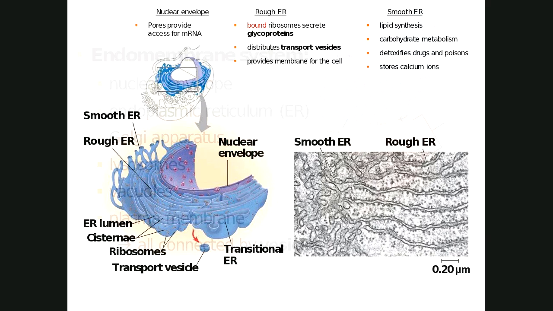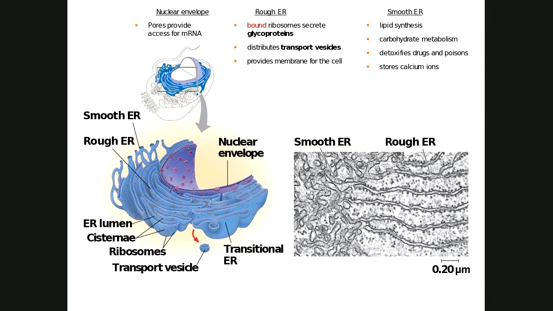So the ER that we talked about earlier, right? The rough ER has the bound ribosomes, and they secrete these things that we call glycoproteins. Glyco means sugar, like glycogen. So the bound ribosomes secrete these things called glycoproteins. It distributes the transport vesicles, and it provides membrane for the cell.